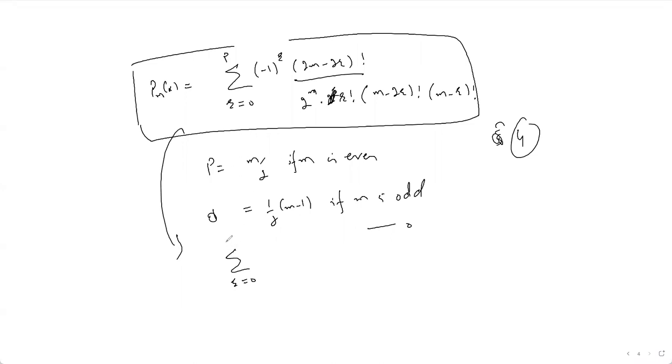Since m is 2, it will be 2 by 2, that is 1. So the summation r will run from 0 to 1. It will be minus 1 raised to power r, 2m minus 2r factorial. Just give the values: 2 twos are 4, minus 2r, and r can take the values 0 and 1. So I will take the values 0 and 1.